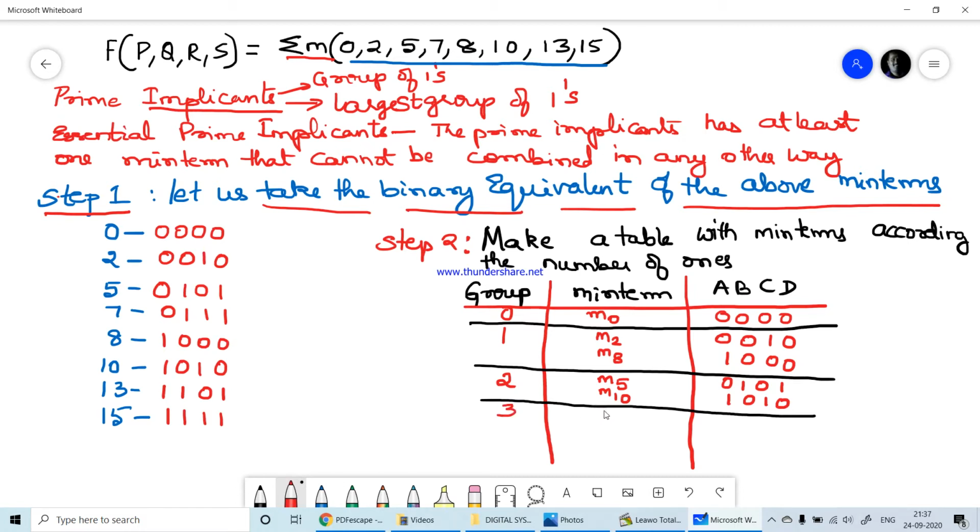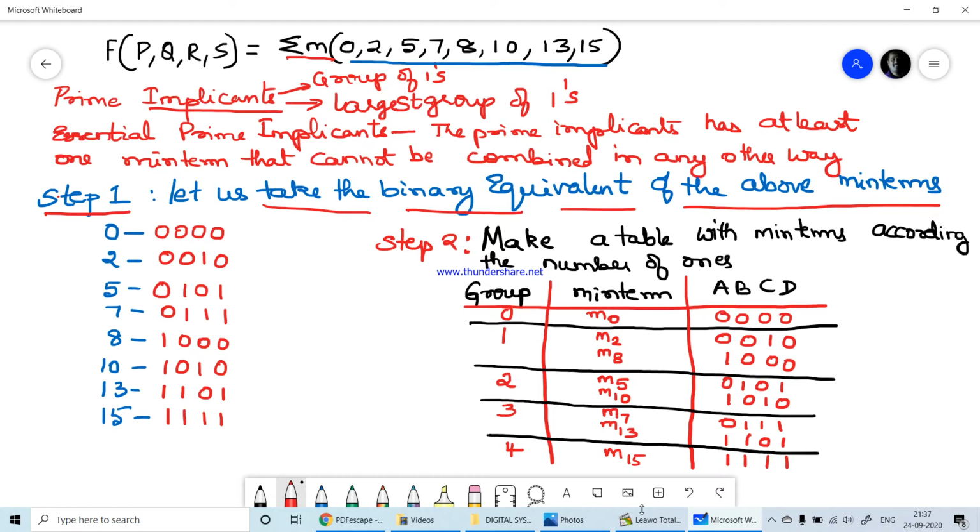For that we will have M7 and M13. 7 is 0 1 1 1 and 13 is 1 1 0 1. Then the final group, group 4, is where you have M15 left out, where all are ones.